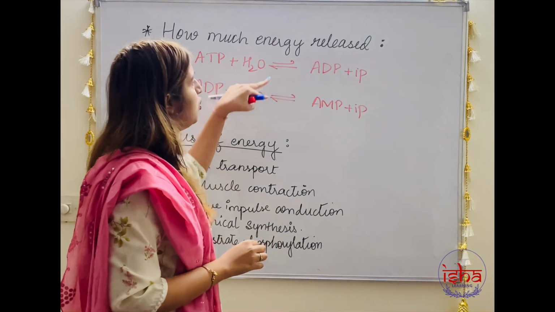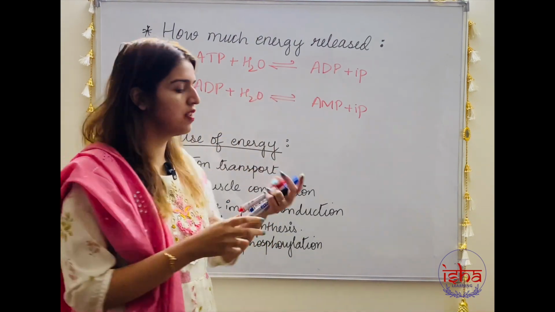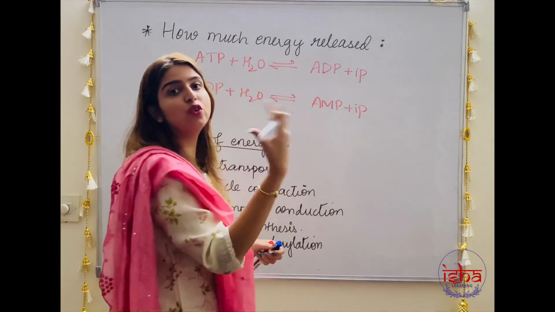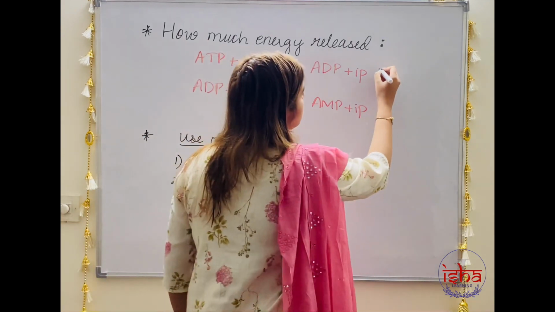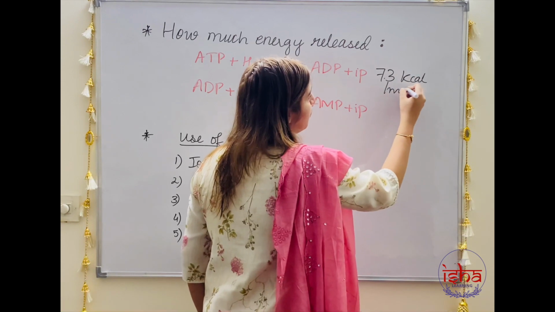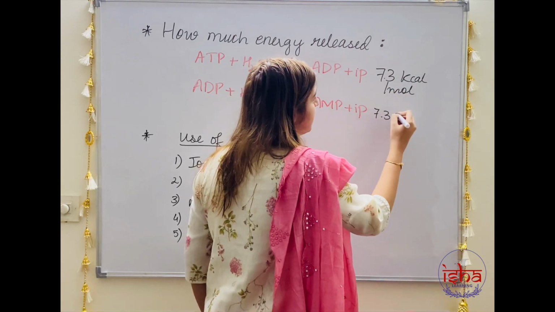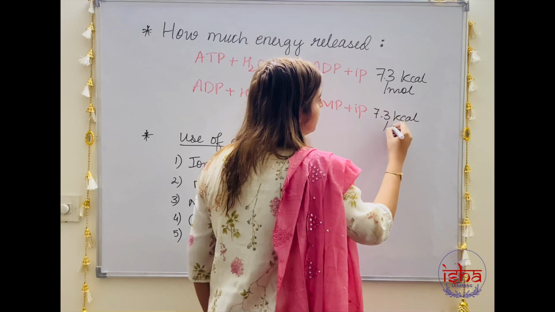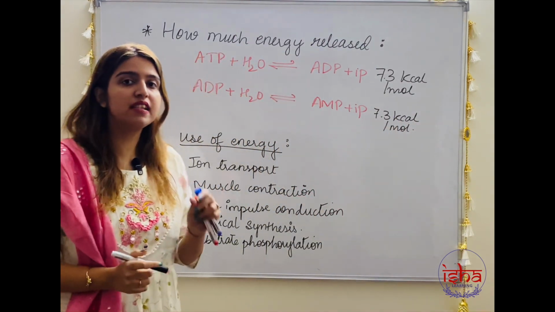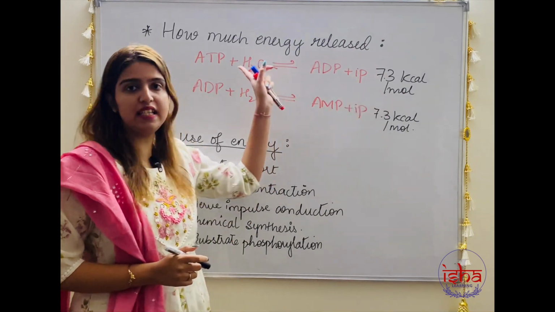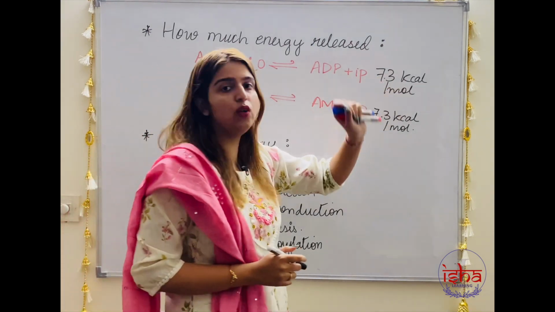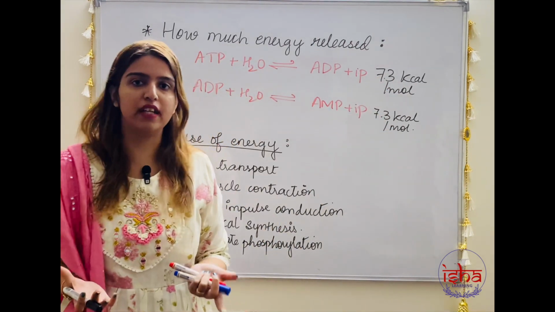So we know that there are two high energy phosphate bonds. Now, how much energy is released in each step? We know this is an exothermic reaction. The energy released will be 7.3 kilocal per mole. Similarly, here also it would be 7.3 kilocal per mole. What does this actually mean? It actually means that for every mole of ATP that would be hydrolyzed to ADP, 7.3 kilocal of energy is going to be liberated.